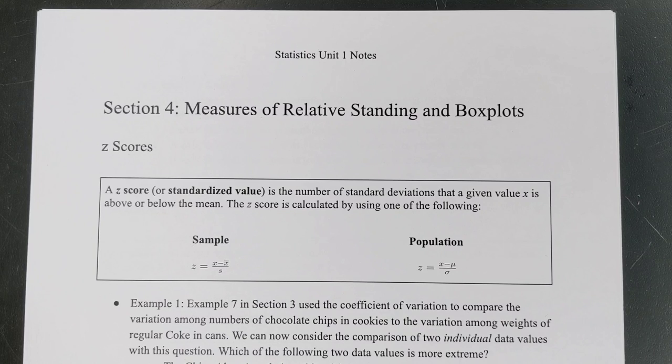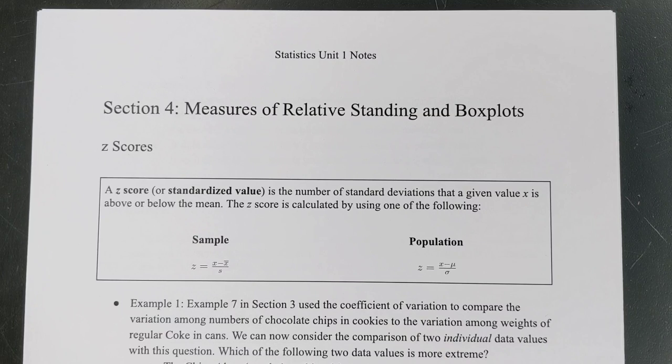Example 1 references the previous section: use the coefficient of variation to compare variation among chocolate chip cookies versus variations among weights in Coke cans. So we're going to look at the individual data values for this question. Which of the following two data values is more extreme? Chips Ahoy with 30 chocolate chips, where the mean for 40 is 24 and the standard deviation is 2.6.